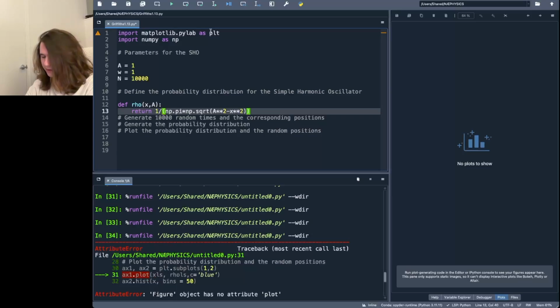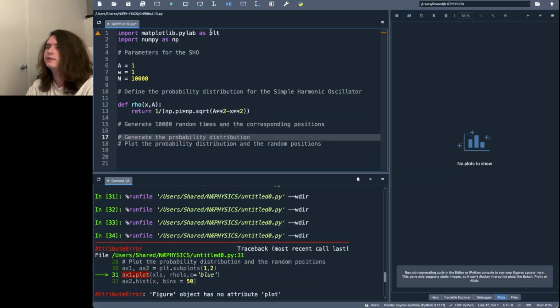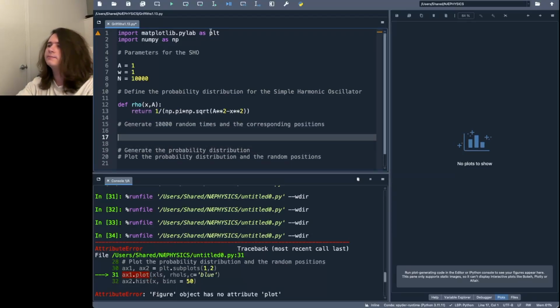Cool. Now we need to generate 10,000 random times and the corresponding positions.